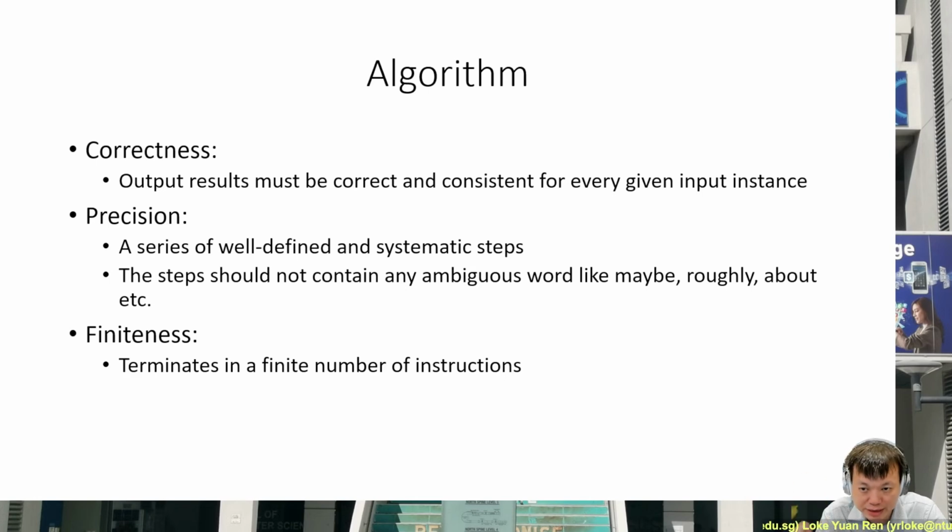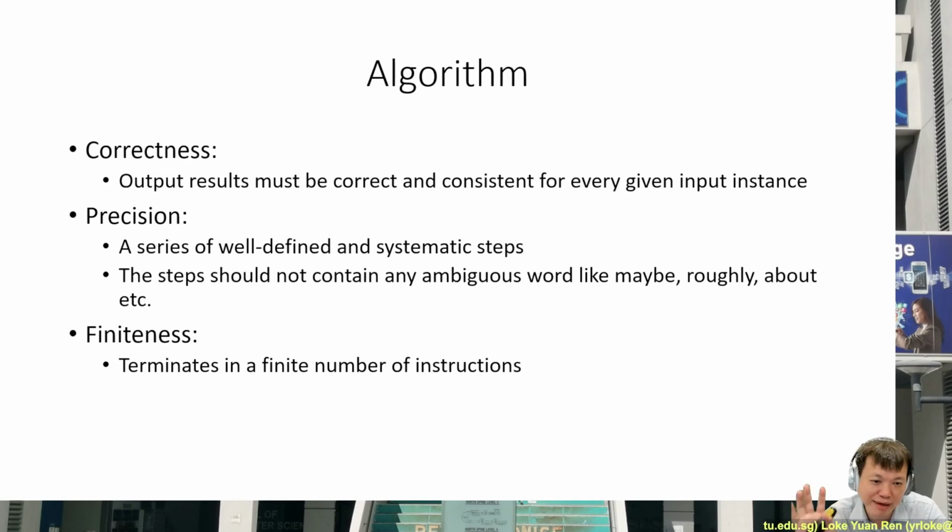And then precision. That means every step, every procedure is well defined, and the whole process is also well defined. Not that sometimes you run this for loop, sometimes you may not, with no condition on whether you should run it or not. That is random. In this algorithm module, everything must be well defined. The steps are well defined, the whole procedure is systematic, and the step order is well defined.